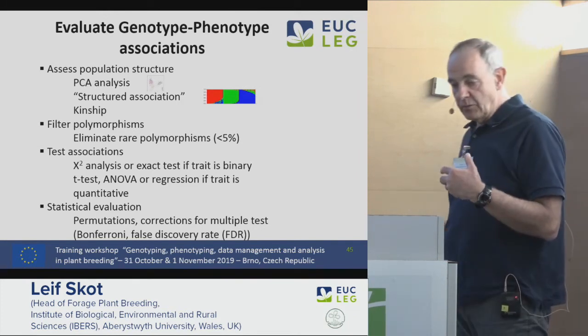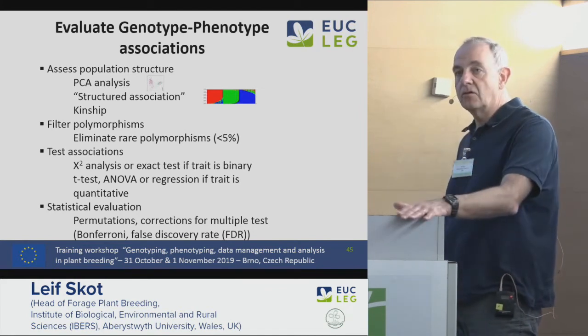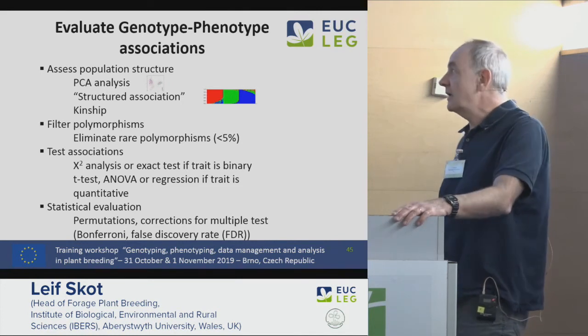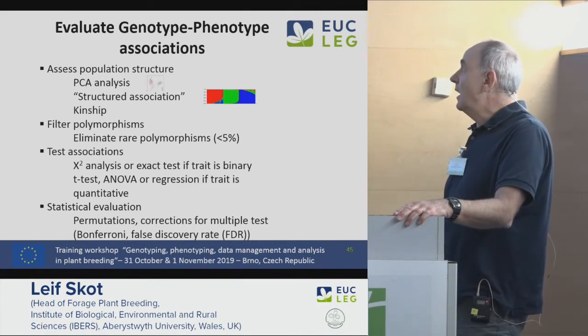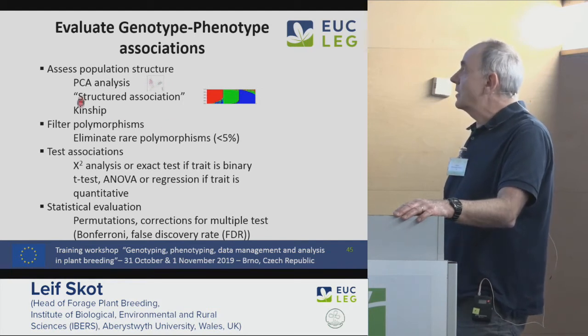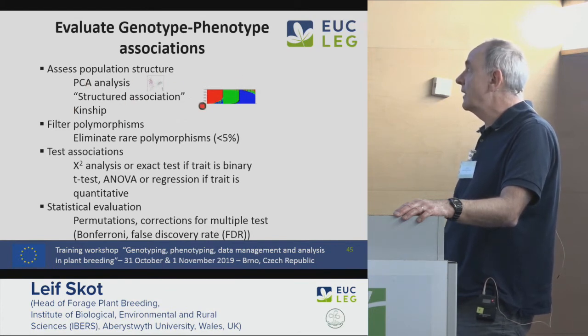Using the principal component analysis of markers that are distributed all over the genome, there are programs called EigenStrat or EigenSoft, I think. So people either use that or structured association, which is Bayesian-based, and I'm sure some of you are familiar with that.